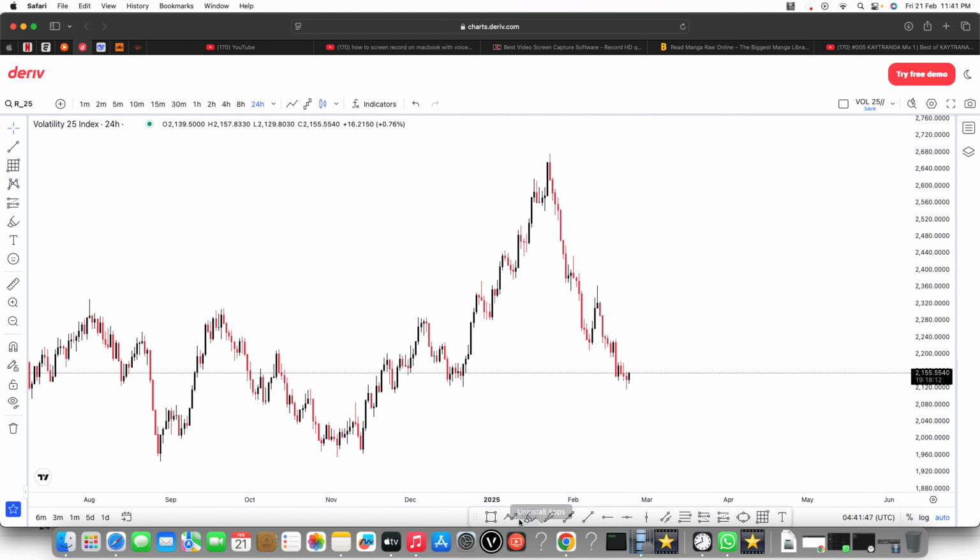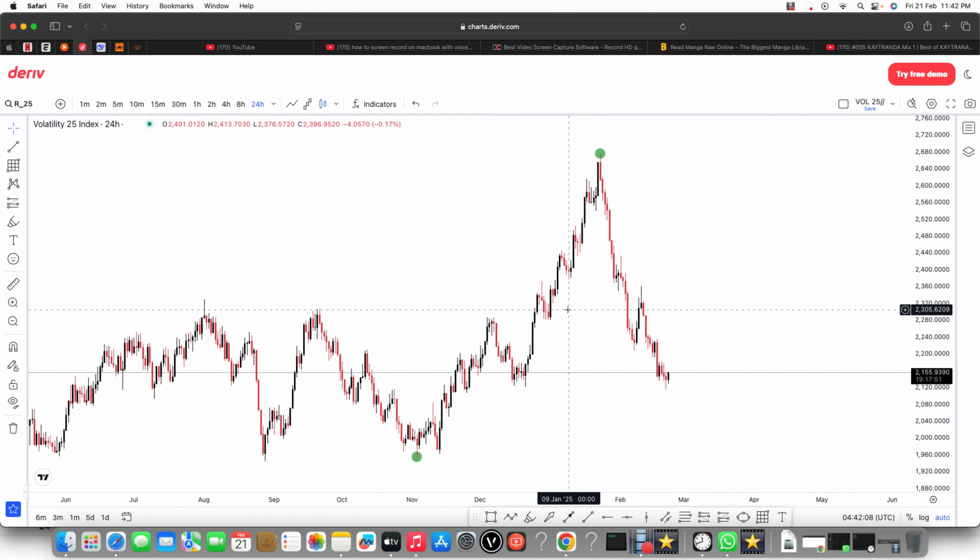Based off the major swings, firstly, we identify a swing low for the external market, a swing high, no present swing low as yet. So we have a previous swing low and a swing high pertaining to the current market for Volatility 25.